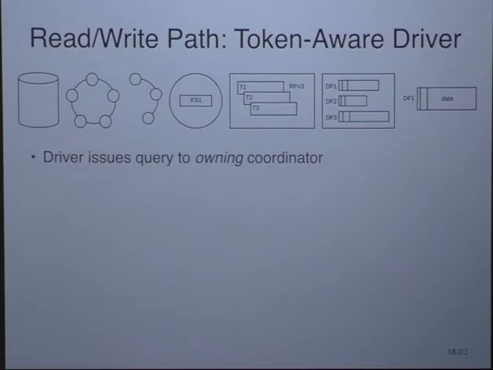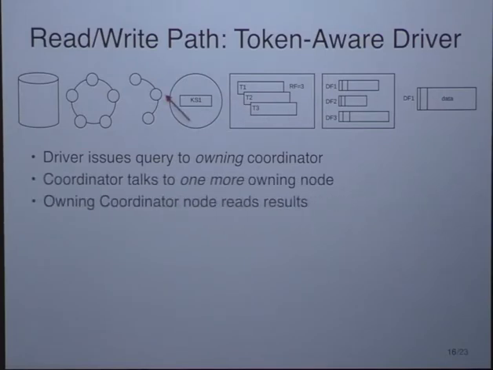The other thing that's important to understand is that instead of going to some round robin, luck of the draw coordinator, you can configure your driver to be token aware. What that means is the driver predetermines which nodes own the data that you're querying for, and it will talk to one of those owning nodes directly. So here's how that works.